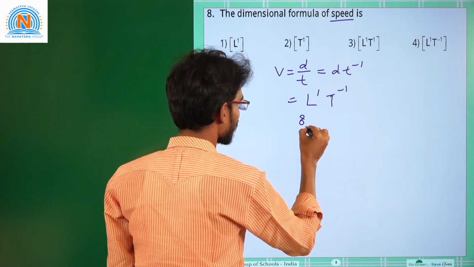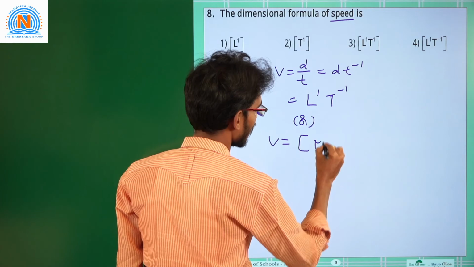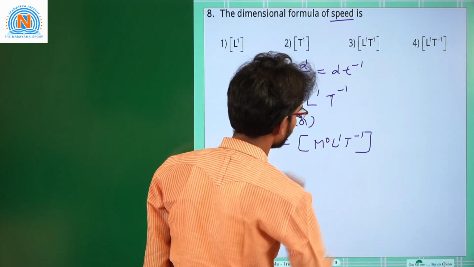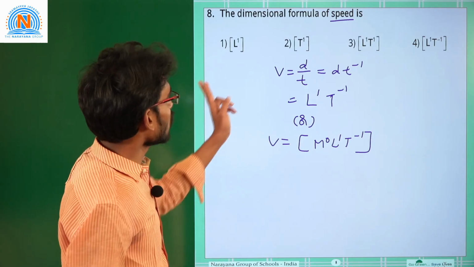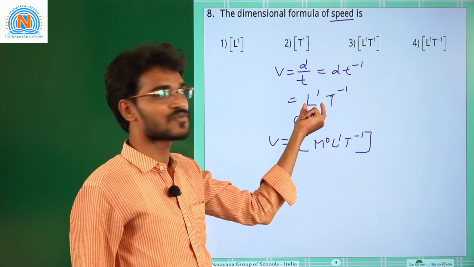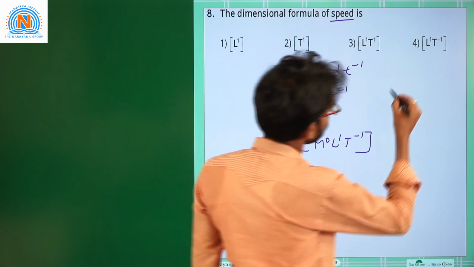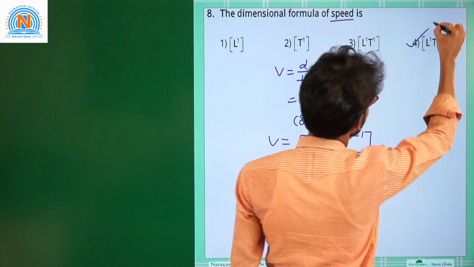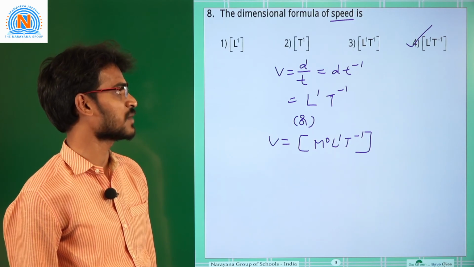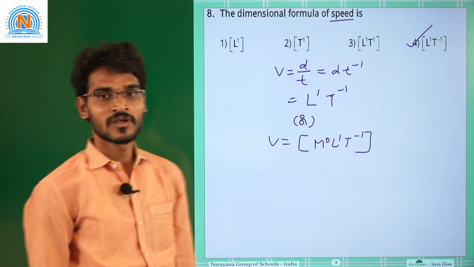We can also write this formula as v is equal to, in square brackets, M power 0 L power 1 T power minus 1. See, the four options are not related to the mass term. He is asking in terms of length and time. So the correct option for this question is 4. The dimensional formula of speed is, in square brackets, L power 1 T power minus 1. Okay, thank you.